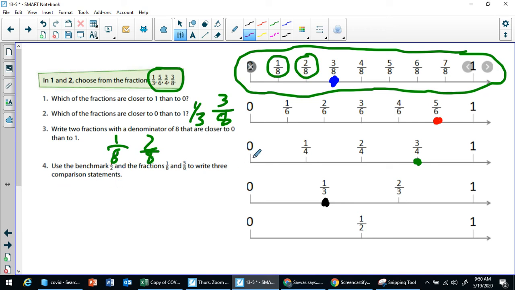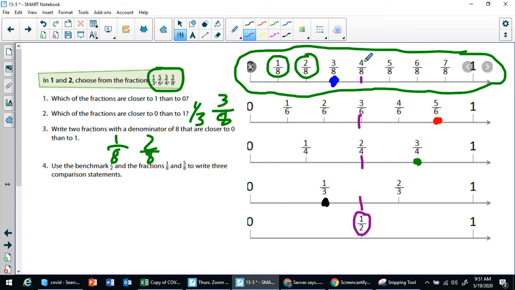Okay, half. Well, I can easily see 1/2 is right here. That means it would also be here. It would also be here. It would also be here. And it would also be here. All of these places on the number line represent 1/2. And remember the clue I gave you on the previous page.